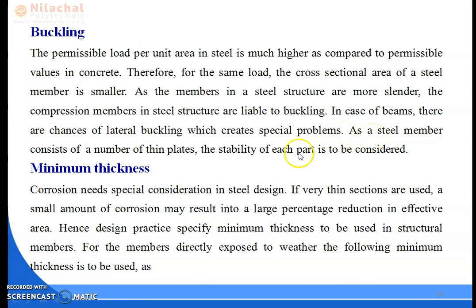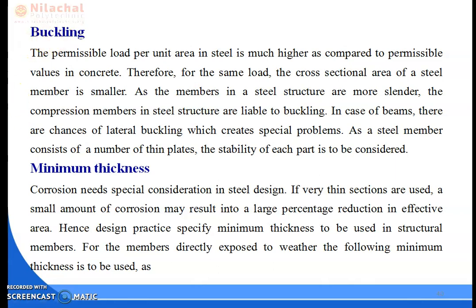As the steel member consists of a number of thin plates, the stability of each part is to be considered. So you have to consider the buckling case in a steel column. You have to first consider the span of the column section, and after that whether it is good for the loading condition or not. You have to be clear about that.